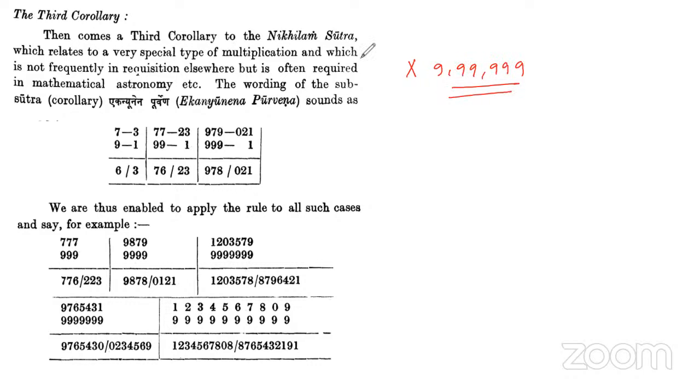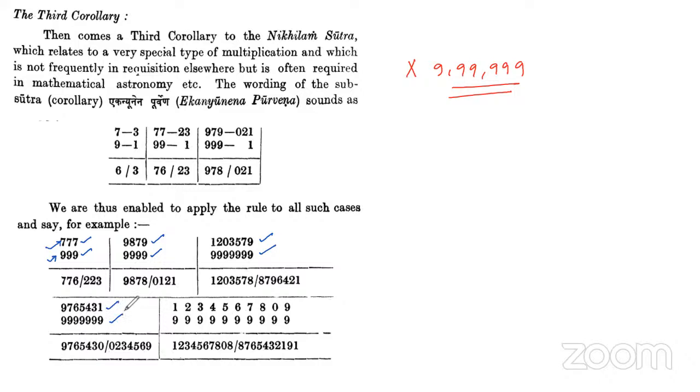In the first case, if you observe very carefully, Swamiji is multiplying the multiplicand with the multiplier. Here the multiplier is nines, so the number of digits in the multiplicand and multiplier are the same. You can see 4 digits, 7 digits, and here also 7 digits, here also 7 digits.